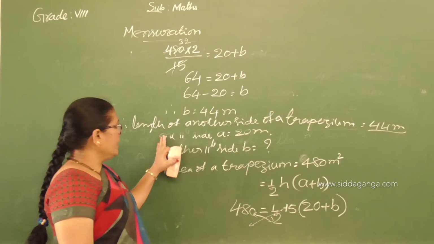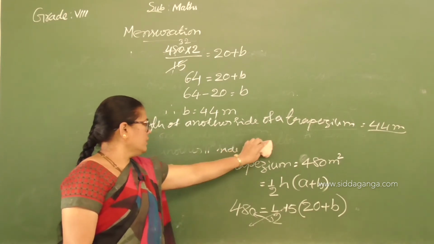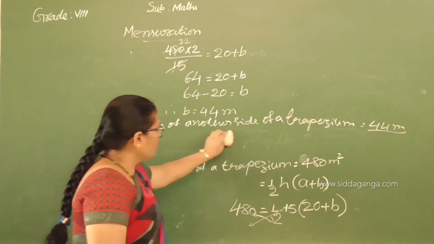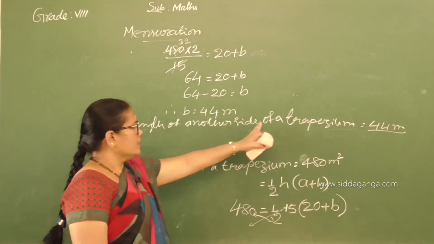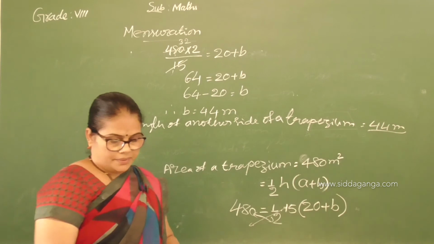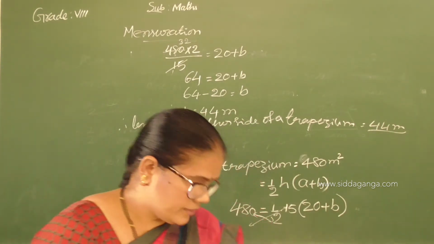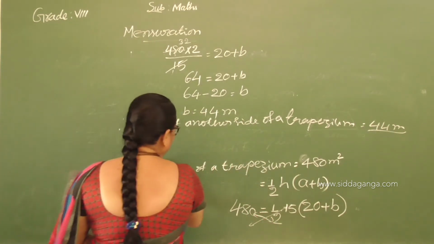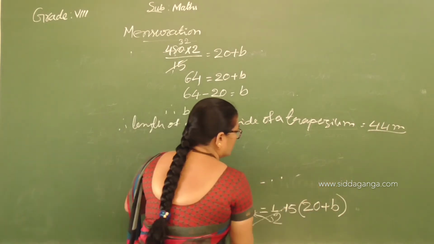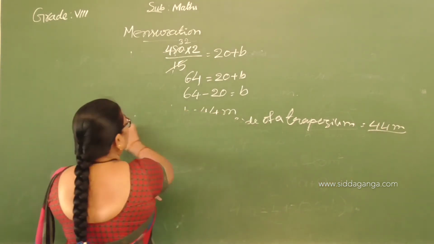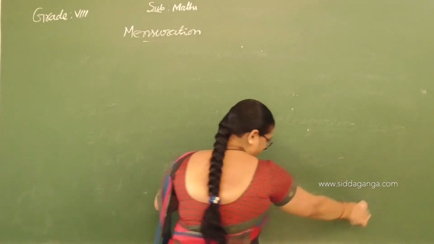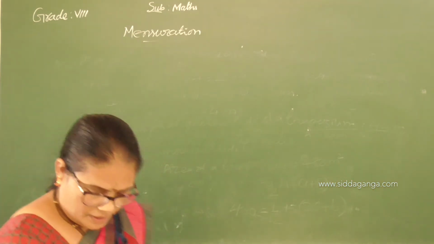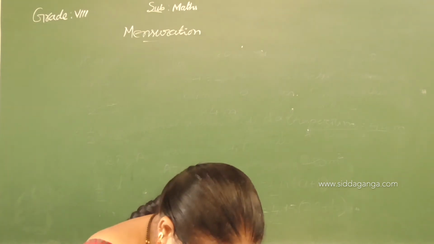Here the area is given, one side is given, and the distance between the two parallel sides is given. We have to find the other side. Next, we have to take another example, the second one.